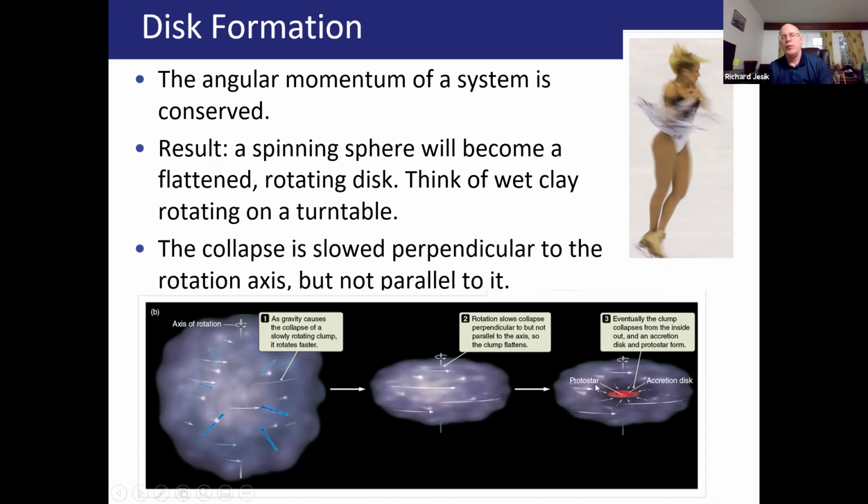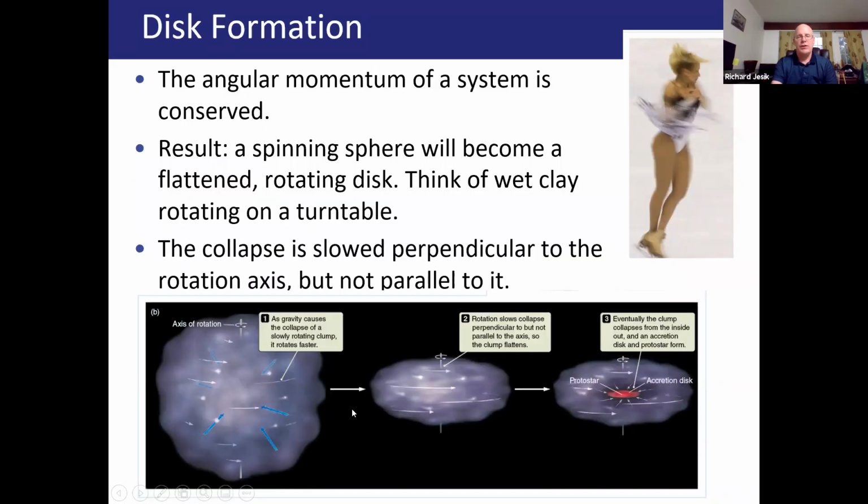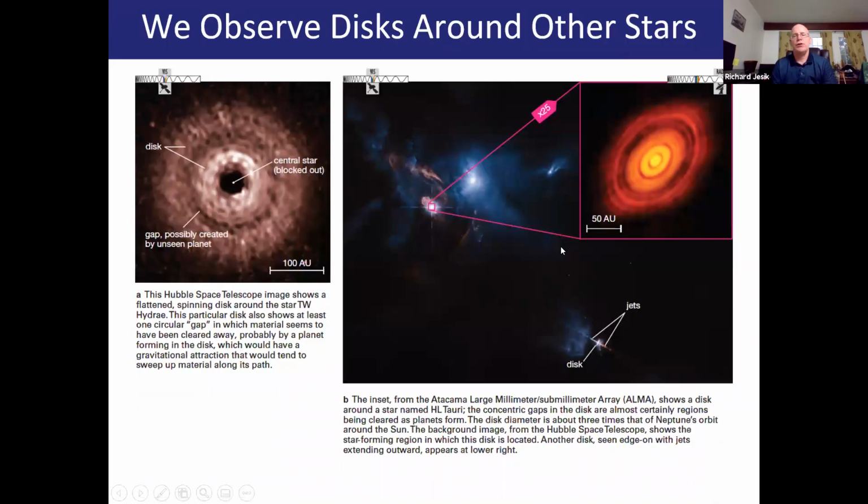So we get a clump, and this clump retains its spherical shape while everything else flattens out. It's getting hotter.